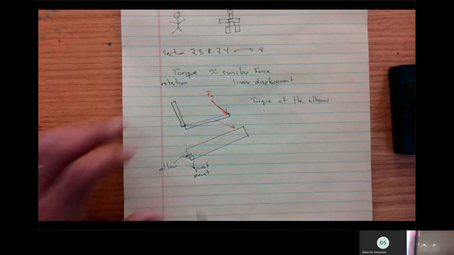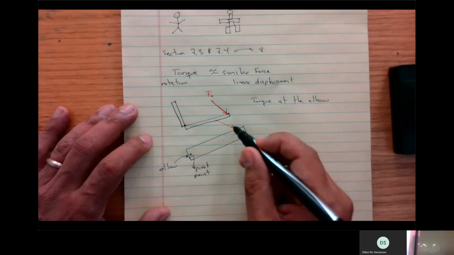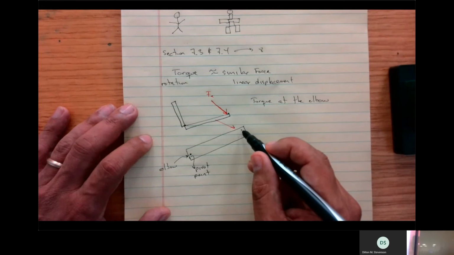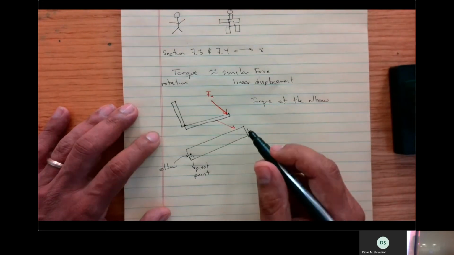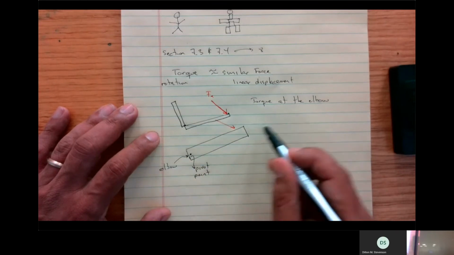So I'm going to have the pivot point, and I'm going to draw what's called a radial axis. The radial axis is going to go from my pivot point and move along the object that I'm analyzing.